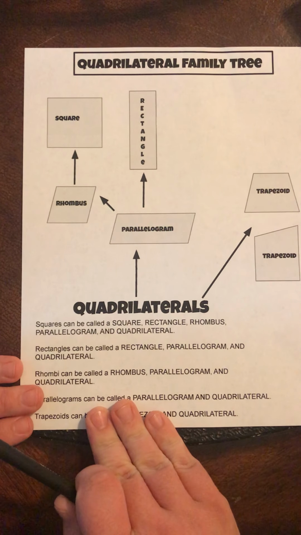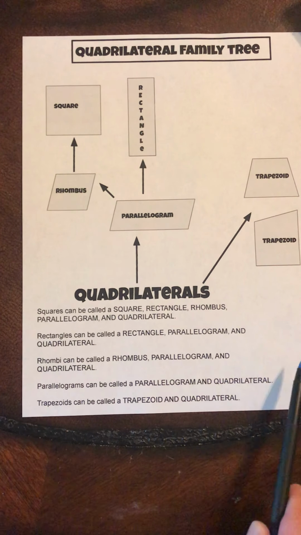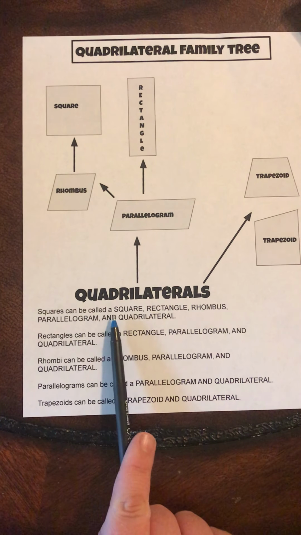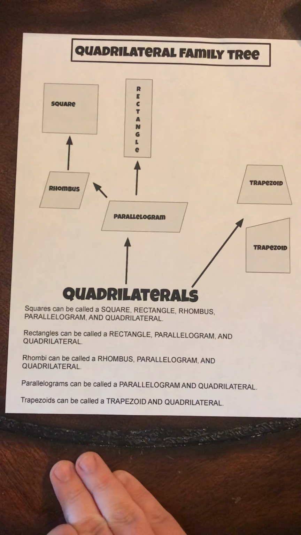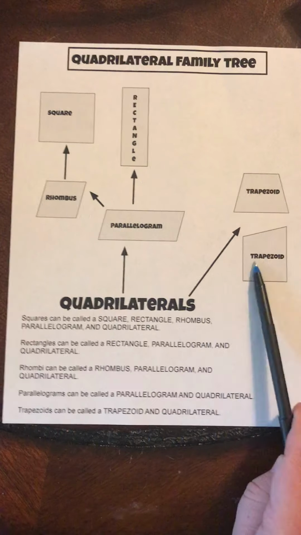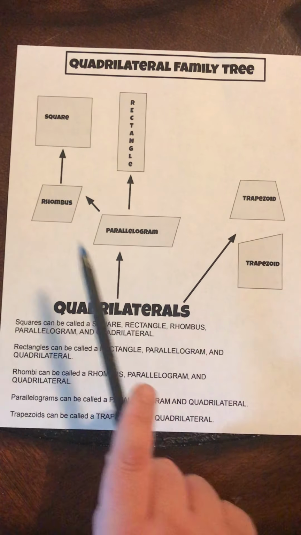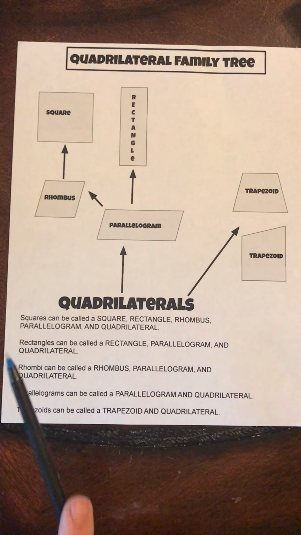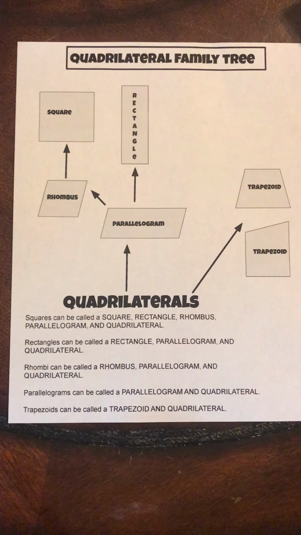So, looking down here at this bottom of the cheat sheet, squares can be called a square, rectangle, rhombus, parallelogram, quadrilateral. But it can't be called a trapezoid because it has one pair of parallel lines where a square has two. Rectangles can be called a rectangle, parallelogram, and quadrilateral only.